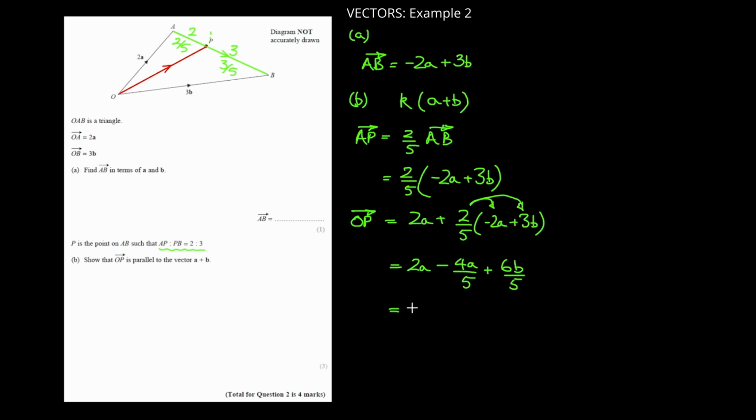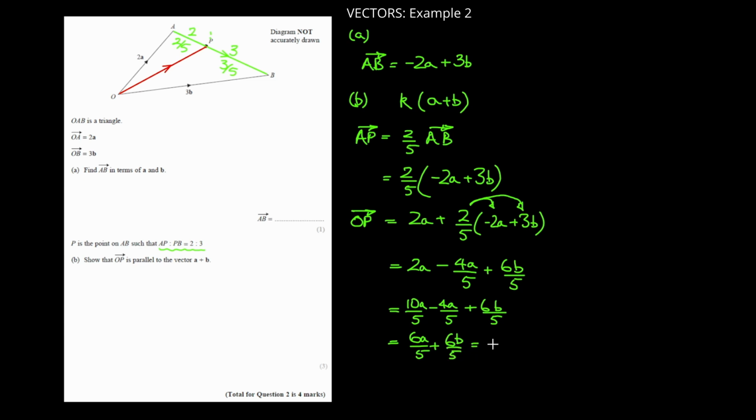You're putting it in a common denominator, effectively. So this is 10a over 5 minus 4a over 5 plus 6b also over 5. Well, we can merge these two terms together and we get 6a over 5 plus 6b over 5.